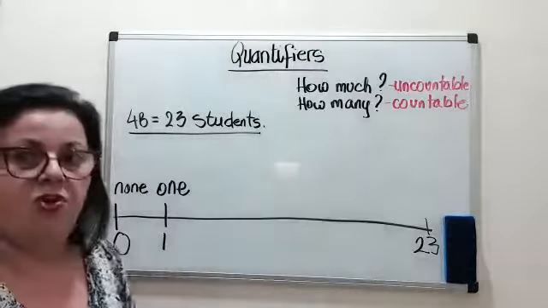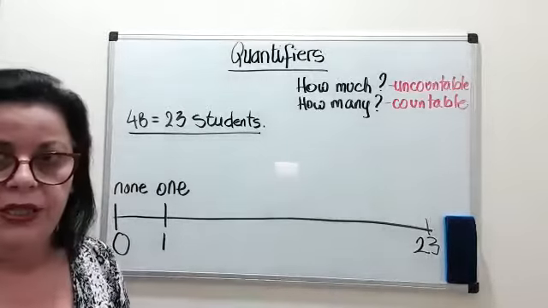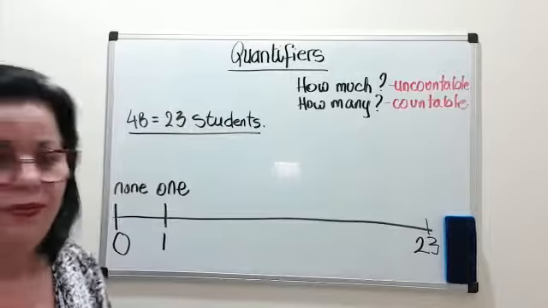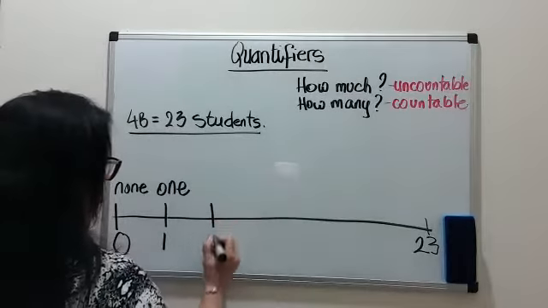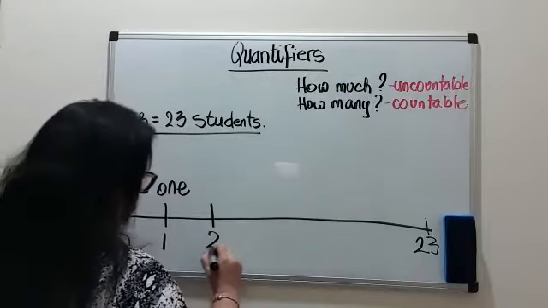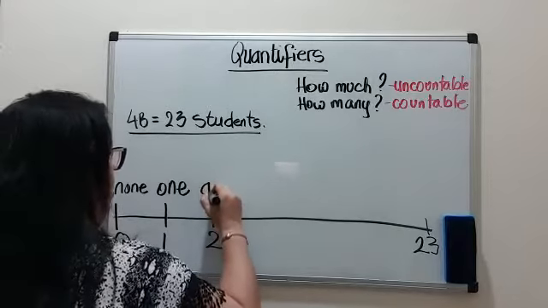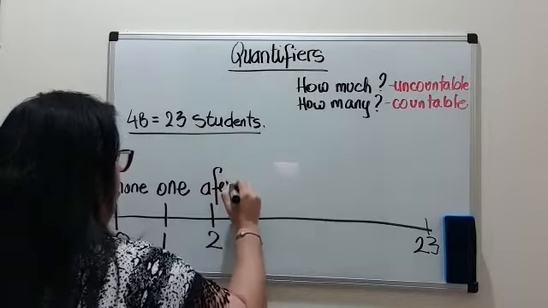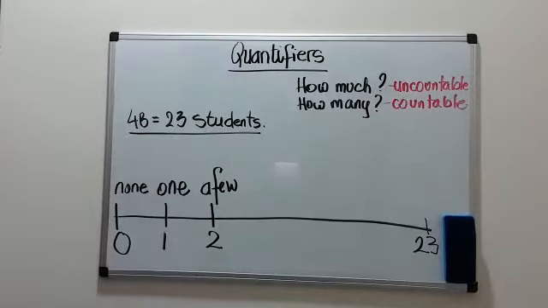If I say a few, that's more than one. Let's say 2, 3. 2 or 3, I will say 2, a few. Okay?